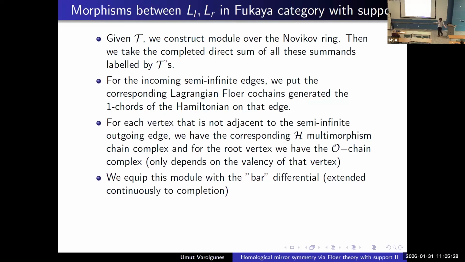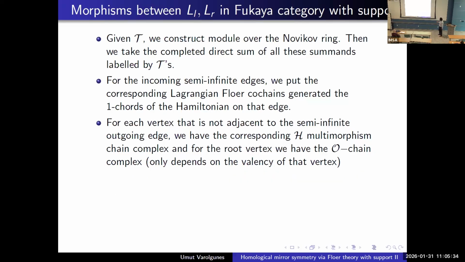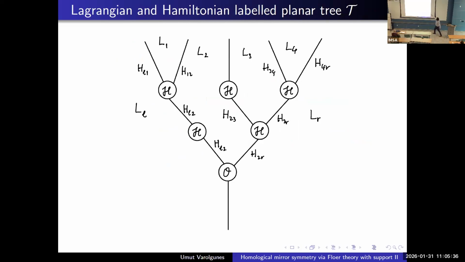I take the tensor product of all of them, and then I can equip this with a bar differential. The differential takes into account how these operations defined by the vertices act on Floer complexes and compositions in my category. Finally, at the last step, you first project them and compose it all. I take the forgetful functor and compose it.